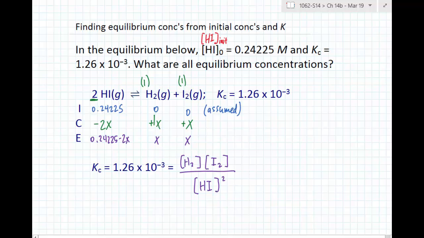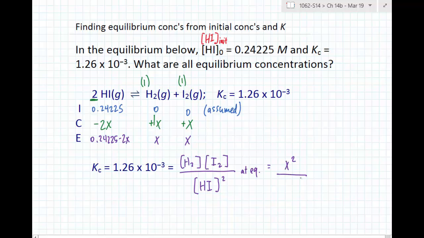And are those concentrations at any time, or initial, or at equilibrium? That's very important. So what do you suppose we could substitute in for those, for the H2 and the I2? X. X times X is X squared.